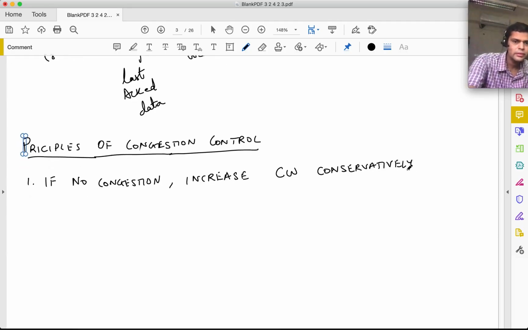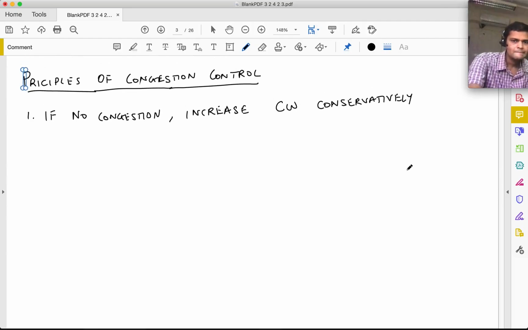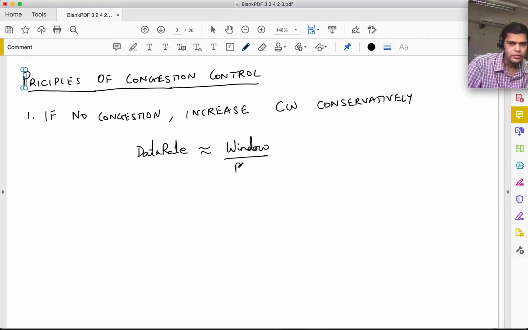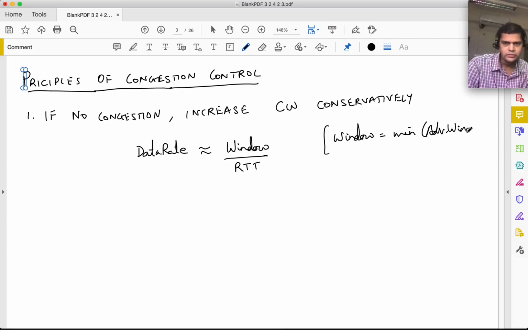So what does this mean? Remember that the data rate at which you are sending into the network is essentially your window divided by the round trip time. This is roughly what it is. And recall that the window is the minimum of the advertised window and the congestion window.